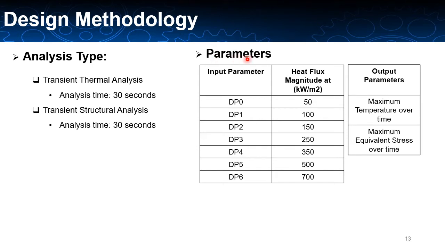For parametric analysis, I used the heat flux as the input parameter, and it ranges from 50 kilowatt per meter square to 700 kilowatt per meter square. As mentioned in the previous slide, the critical design parameters, the maximum temperature over time and the maximum stress over time, are the output parameters for the simulation.